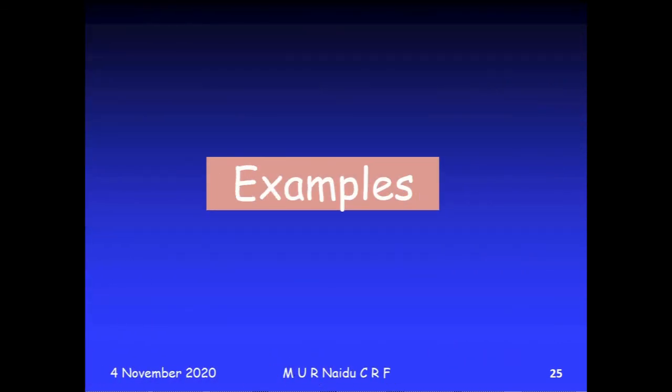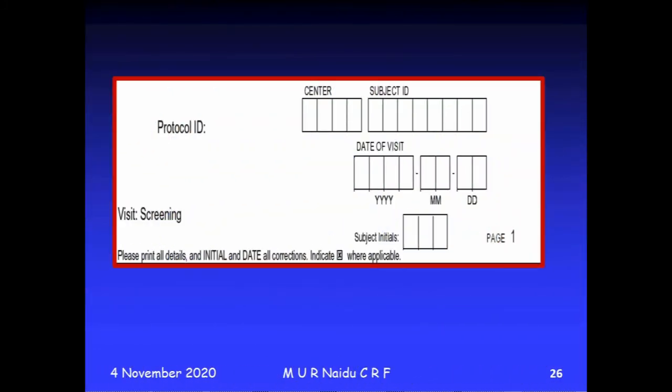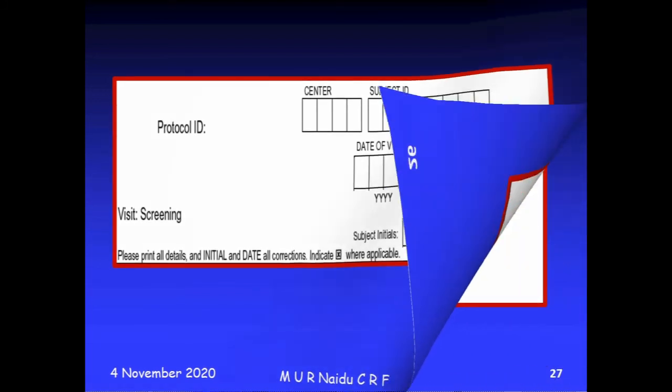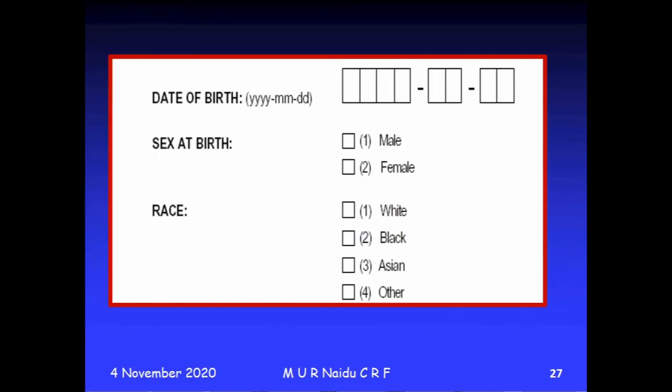Here is an example of how some components of the case record form will look. As I told you, there will be protocol ID, center, subject ID, date of visit, and visit of screening. This is the first part of the case record form. Then you have to correctly enter the date of birth, and there should be boxes for that. Always use boxes to fill the date of birth in year, month and date.